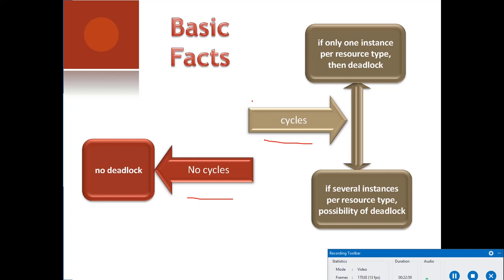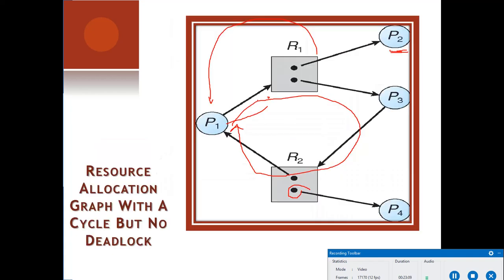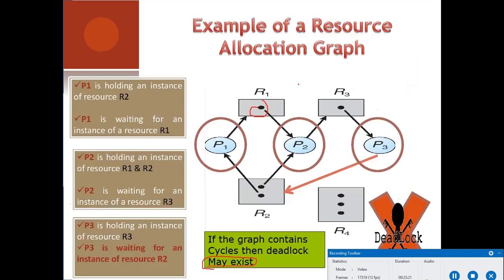If a resource has only one instance, then it may lead to a deadlock. If there are several instances of a resource, then there is only a possibility of a deadlock. If I go to the previous example, here we have only two resources, but both resources have two instances. If the resources have multiple instances available, then there is only a possibility of a deadlock.